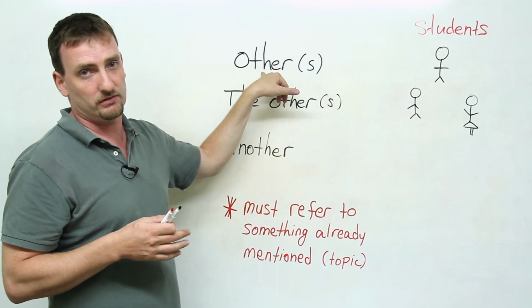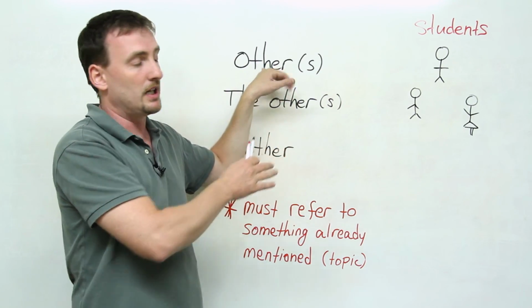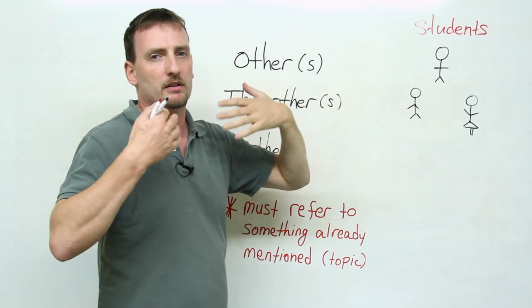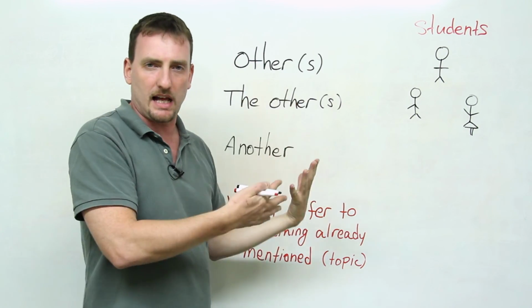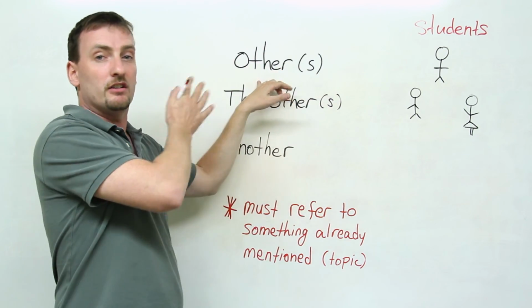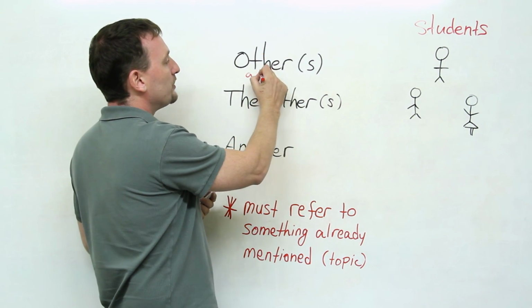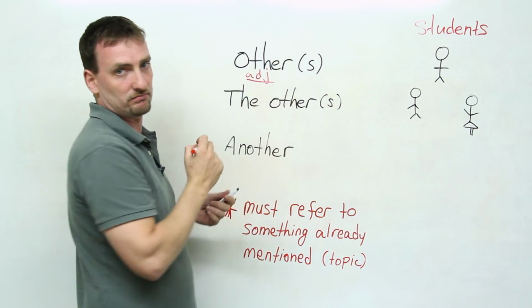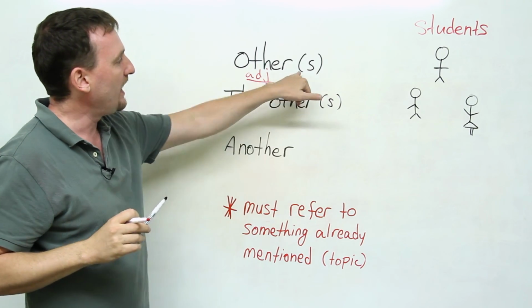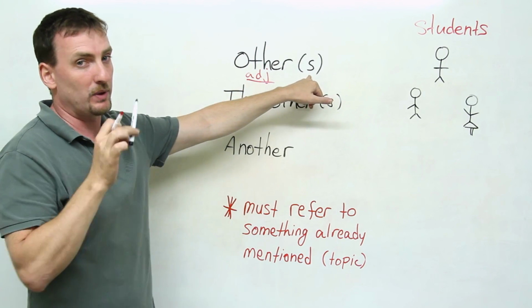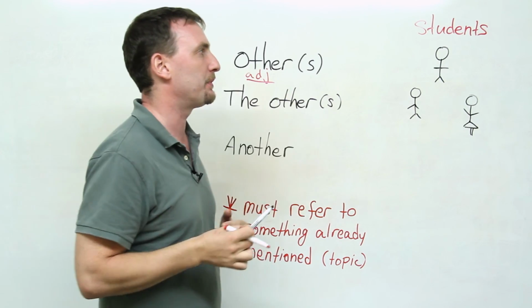Other teachers have their classes. So right away, we're talking about me as a teacher and my class. We're talking about other teachers. So right away you notice the word other I'm using as an adjective. Okay? When I use the word others, we must use it as a noun, but I'll explain that as we go.